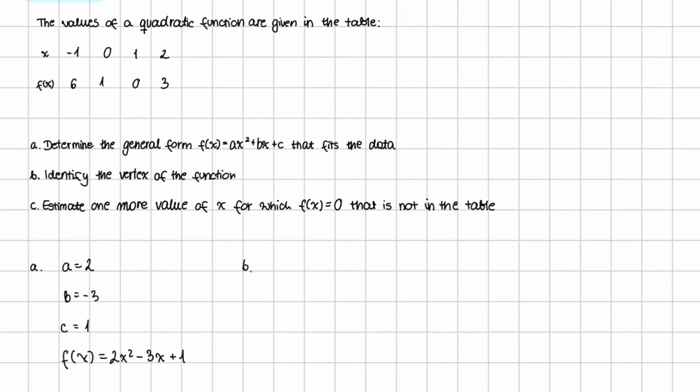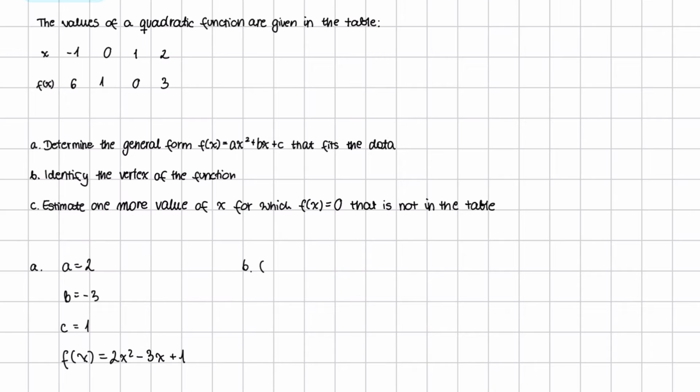So the simplest way to identify the vertex of the function is firstly to graph it in our GDC, and then you can observe that our function has minimum point. So by choosing gsolve, then minimum point, you can find it.